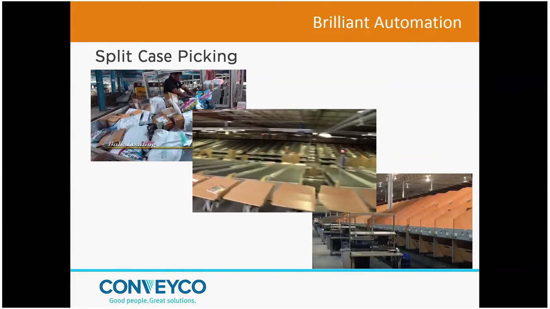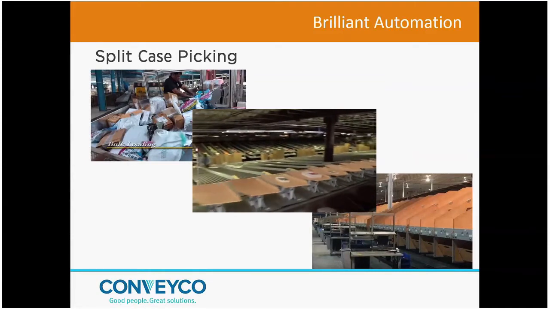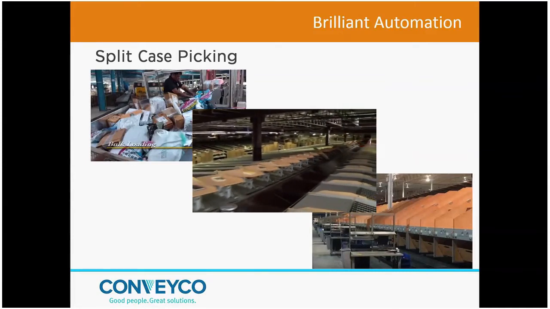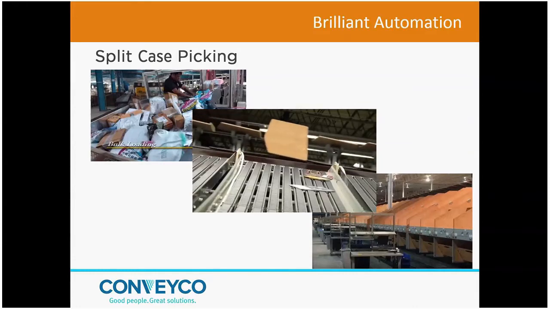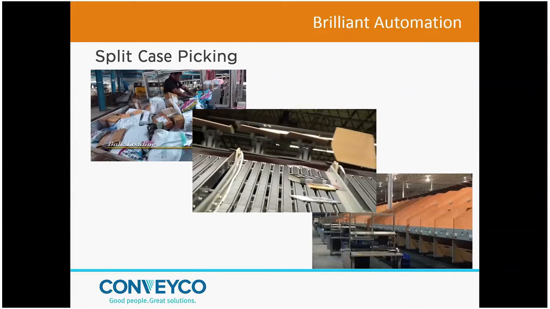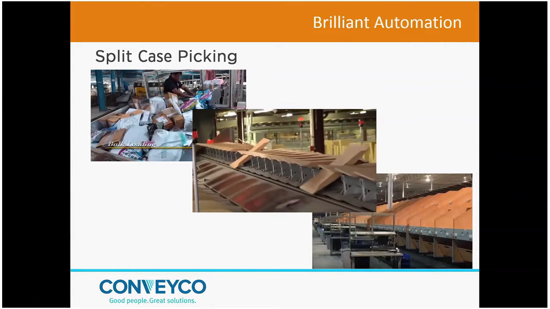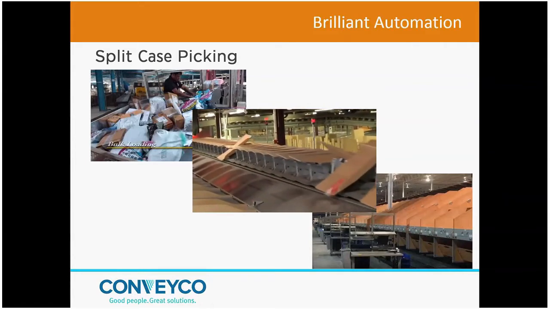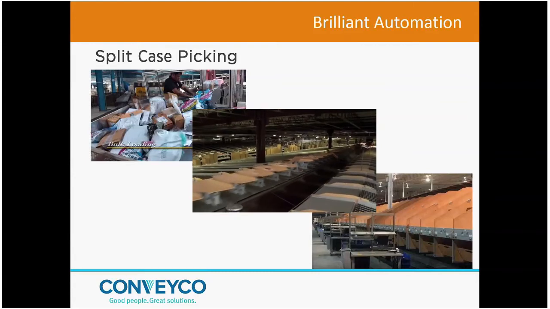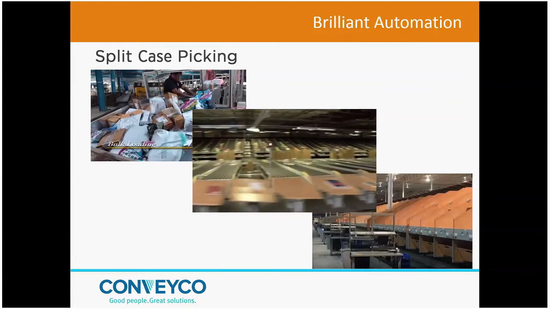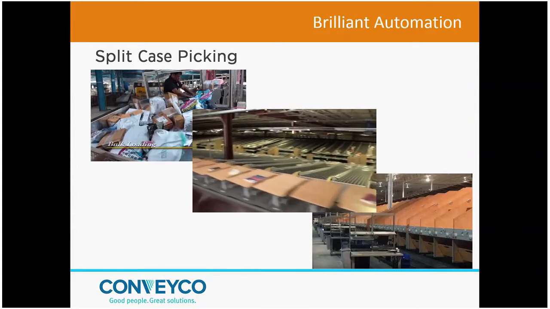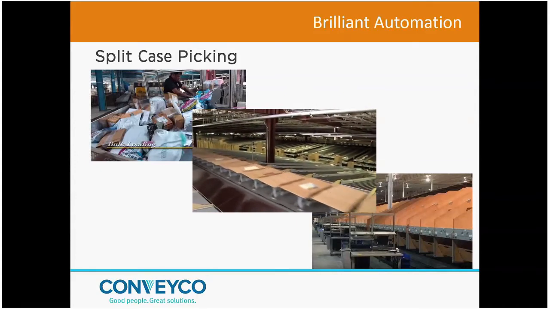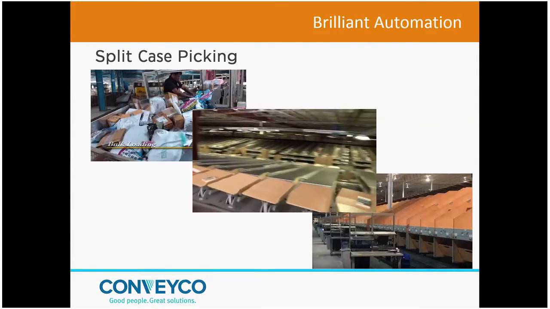Split case picking. We talked about this. What a sorter allows you to do, helps your picking operation, is allows you to go out and pick randomly the units for anywhere up to between 100 and 500 orders at a time, so that you can maximize the efficiency of the travel and the time used in picking.